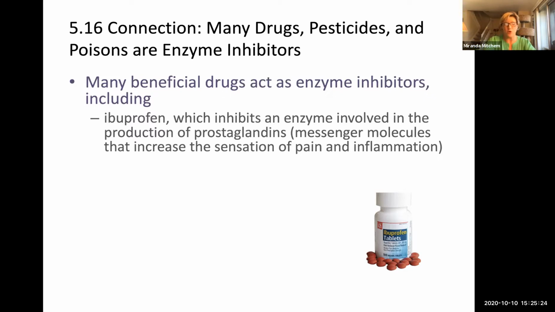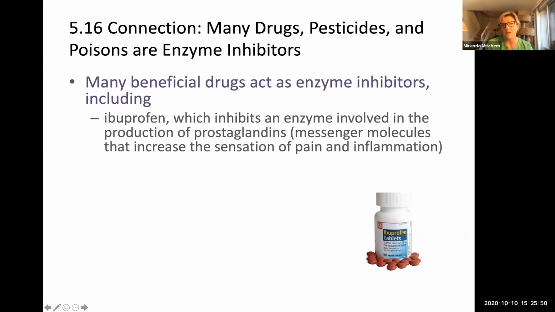Like if you sprain your arm and it's swollen, ibuprofen is a much better choice to take, providing there's no drug allergy, than say Tylenol, acetaminophen, because ibuprofen actually interferes with the process that causes the pathology. It reduces inflammation.